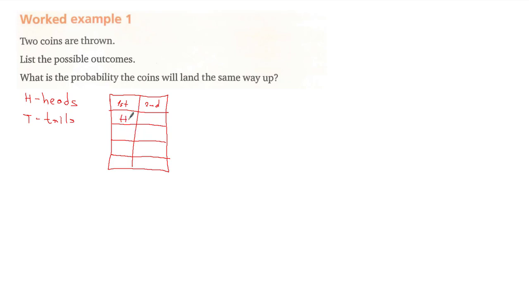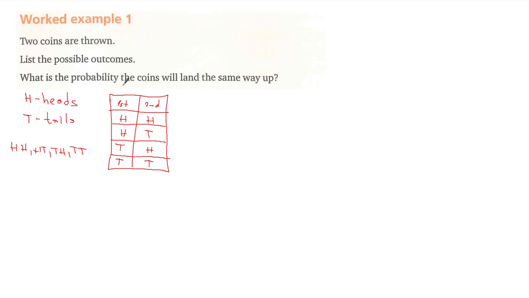Let us list all of them. The first heads and the second heads. The first heads, the second tails. The first tails, the second heads. And the first tails and the second tails also. So these are the total number of outcomes. We can simply write them as HH, HT, TH, and TT, like this.